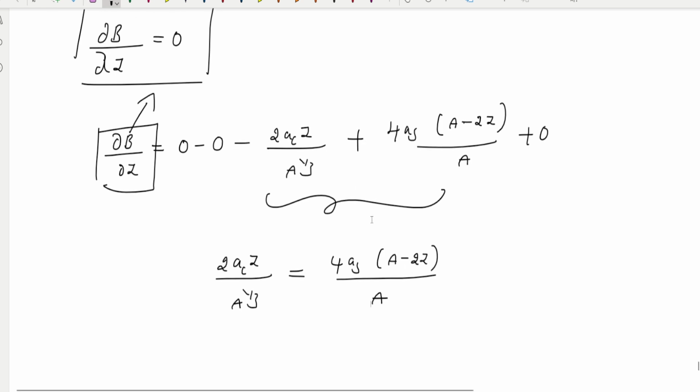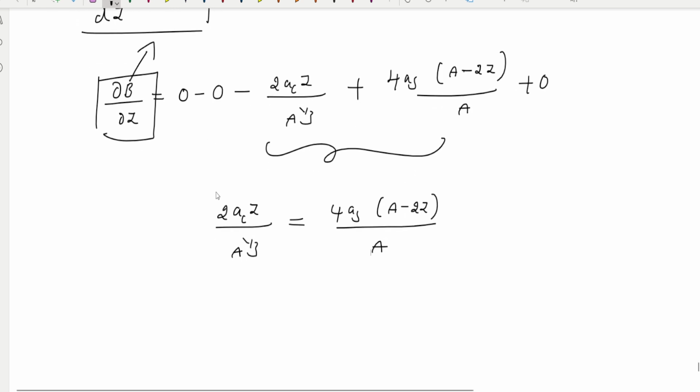Is there anything to cancel? Here the 2 is there, here the 4 is there.